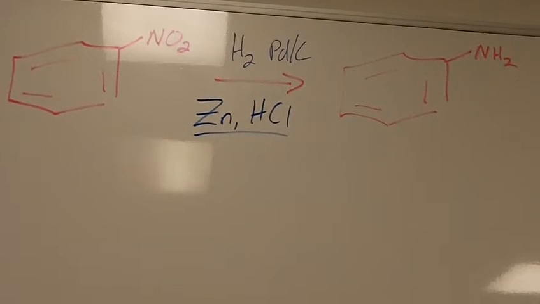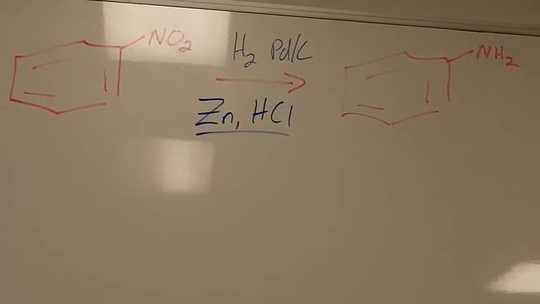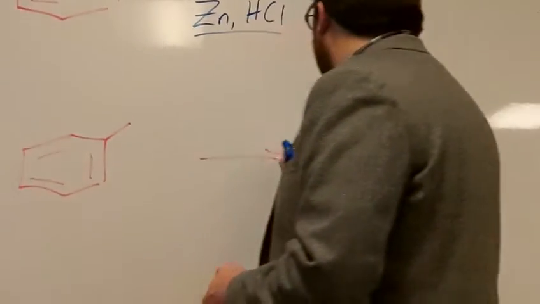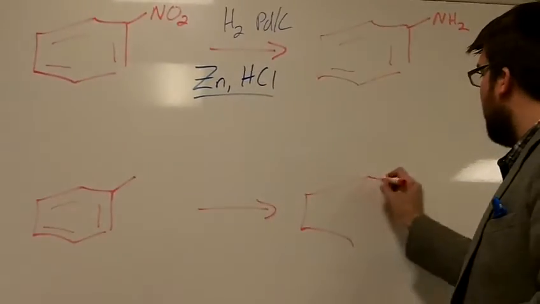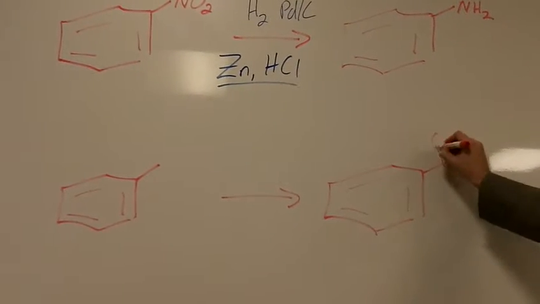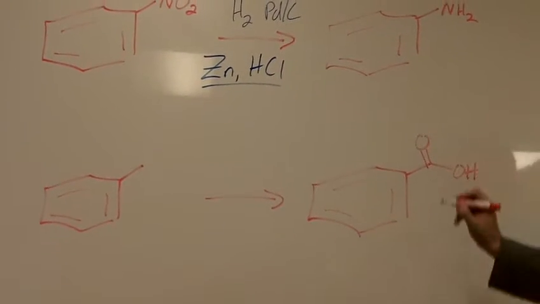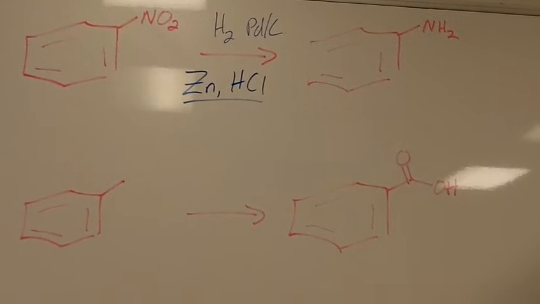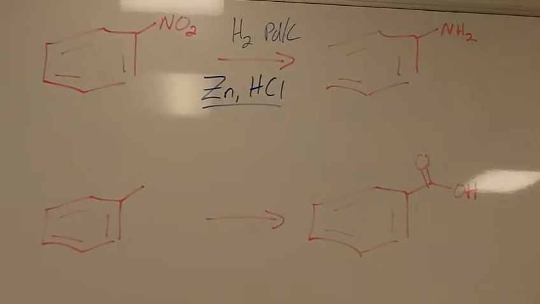Okay? Another one I didn't give you maybe the whole picture for. If we want to take toluene and turn it into benzoic acid, what kind of reagents will we use for that?